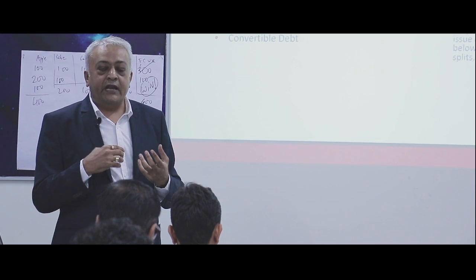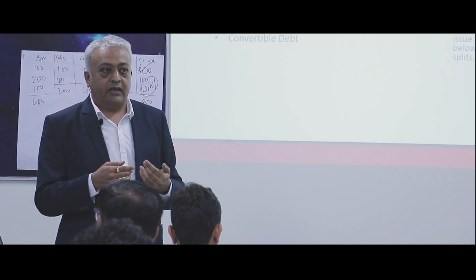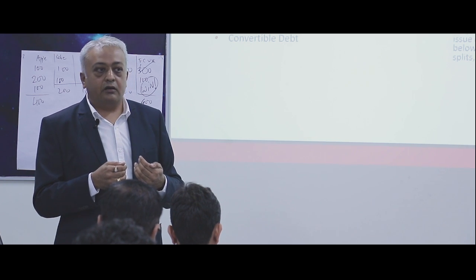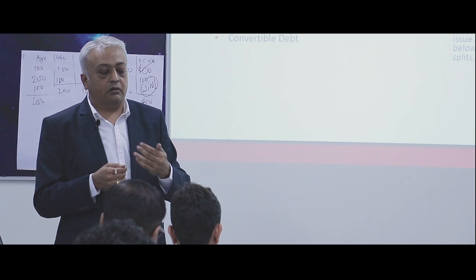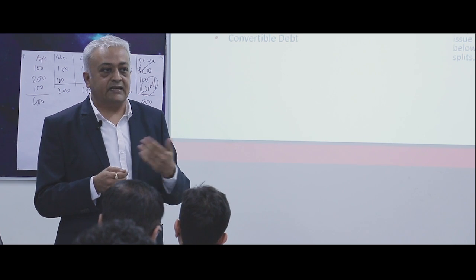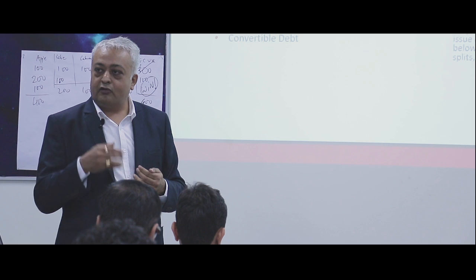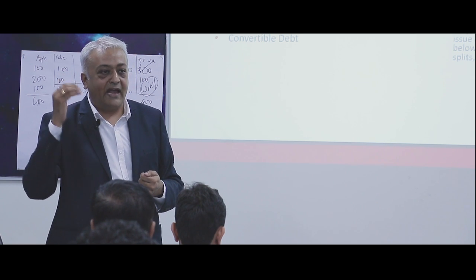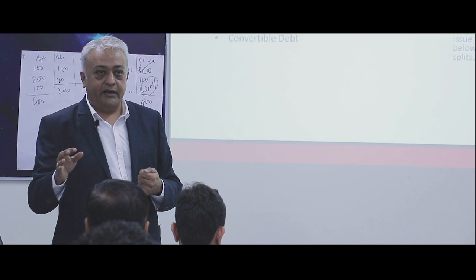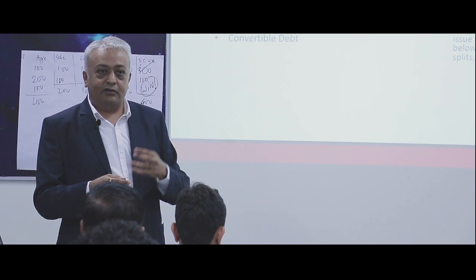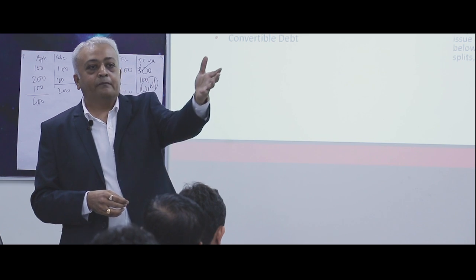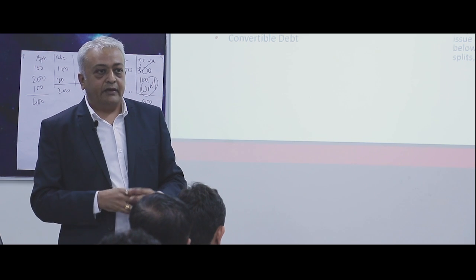So whenever there is a liquidation happening in your company, and you sell off your assets and things like that, first you have to clear your loans or your liabilities, right? And after that, if anything remains, then that money goes back to the founder members, right?